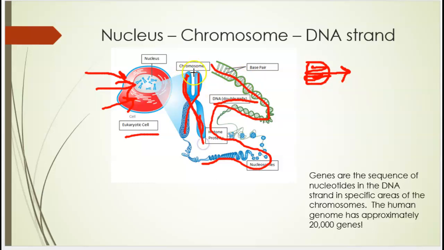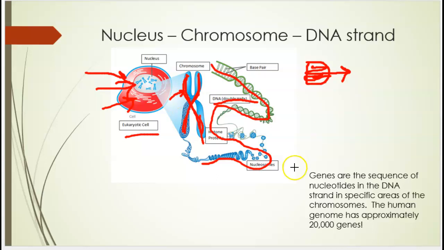And chromosomes, we all know, are these X-shaped structures. And on these chromosomes, we'll have our genes. The genes are just the sequence of what are called nucleotides. And once again, I'm not going to get into that either. But located on these chromosomes, we have genes which will help to express the different characteristics of us as humans.